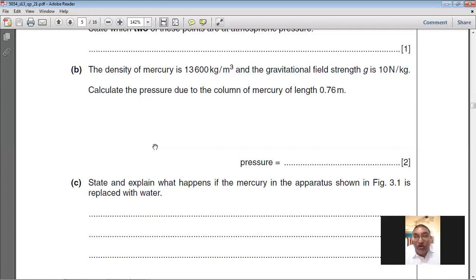So you can put the values: 13,600 multiply 10 multiply 0.76, and the answer will be 103360, and the final answer can be written in the standard form as 1 expo 5 Newton per meter square.